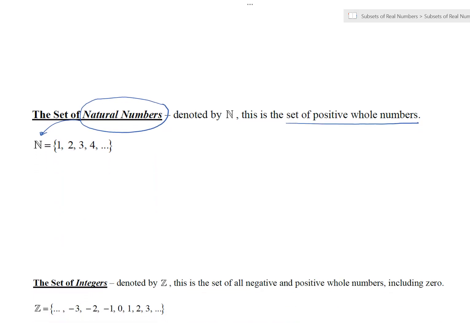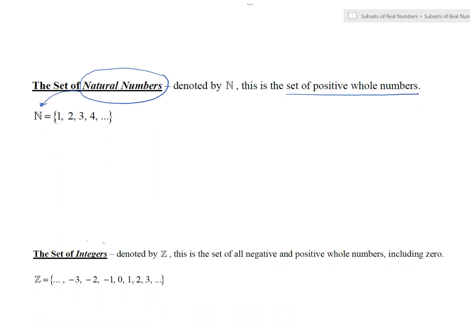We have the set of integers. That is denoted by this fancy looking uppercase Z symbol. And that is the set of all negative and positive whole numbers, including the number 0. So we could write it out right down here below.